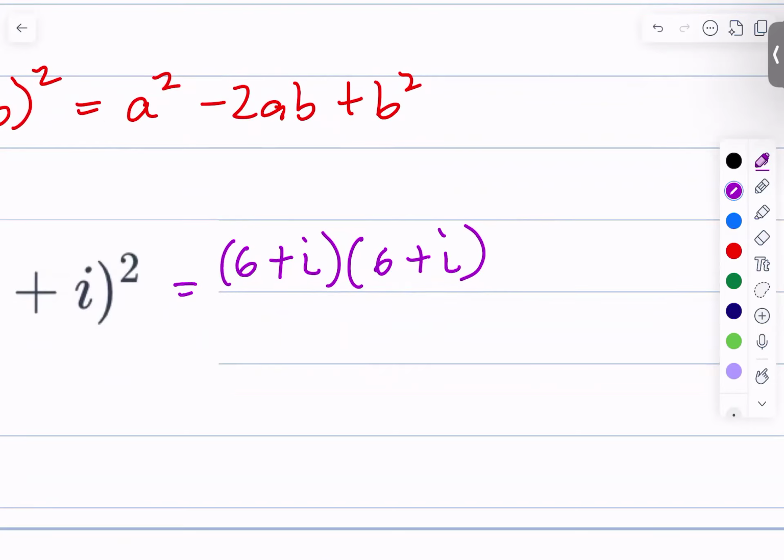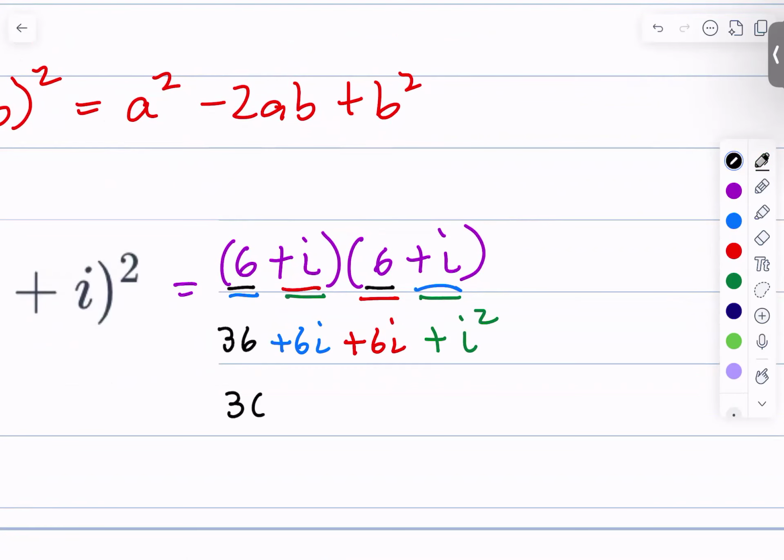Okay, so if we multiply this out, it would be 6 times 6, which is 36. 6 times i, which is plus 6i. i times 6, which is plus 6i. And then i times i, which is plus i squared. Right?